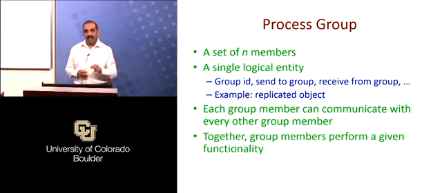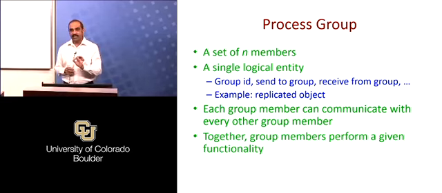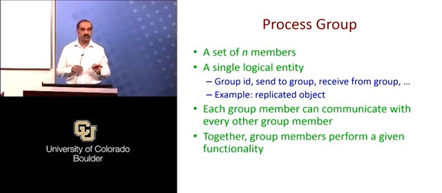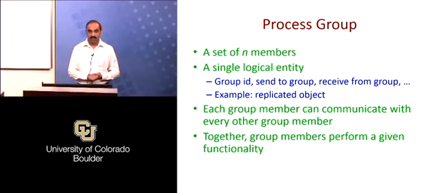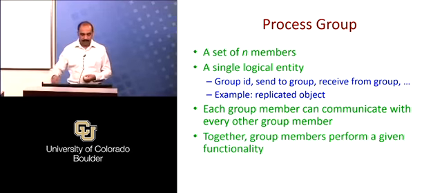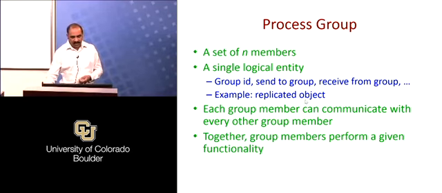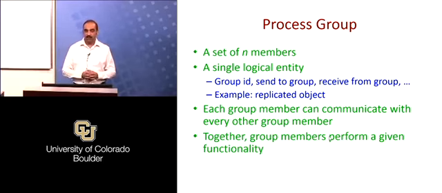In fact, the way ISIS was built, all message exchanges were multicast, meaning that when a group member sends a message, it is sent to every member in the group, and every member will receive every message exchanged within the group. Together, these group members provide some kind of functionality.